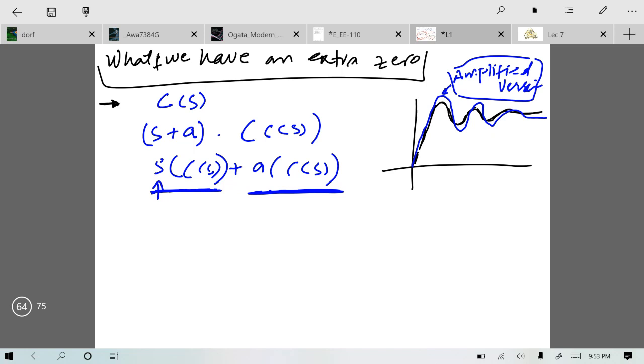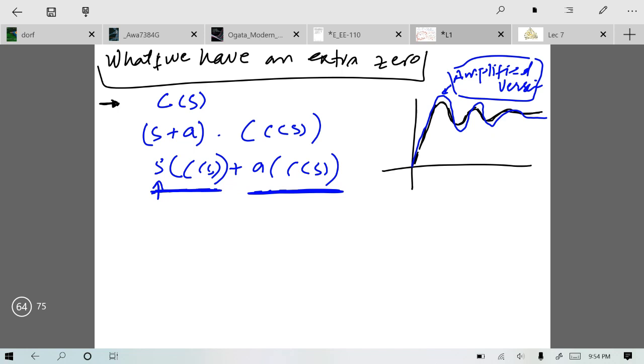So s + a is basically a constant term. s is the slope, obviously the derivative, so the slope has some numeric value, and a is the scalar term, so obviously it also should have a numeric value. So overall, C(s) is multiplied by some numeric value, which we can say is a gain factor. So the response of your system will be as if it is magnified, or multiplied with a gain factor.